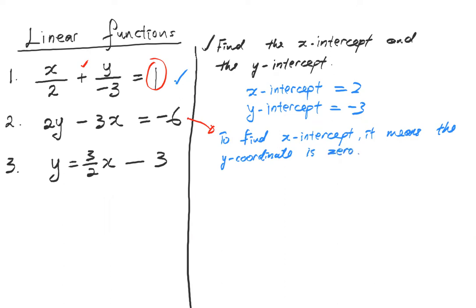The x that you get is called the x-intercept. So I have to put 2 times 0 minus 3 times x is equal to -6. So -3x equals -6. So x equals -6 over -3. So that is 2. I cannot extract it straight away.